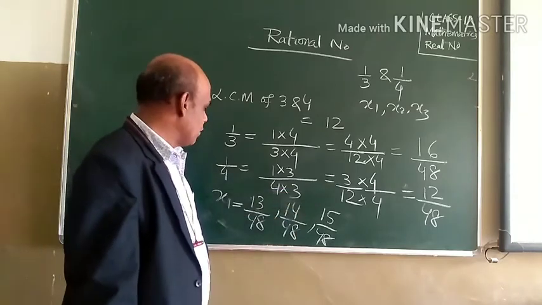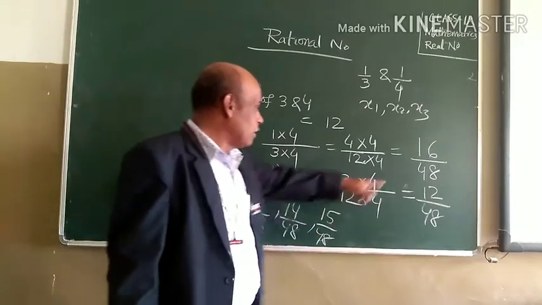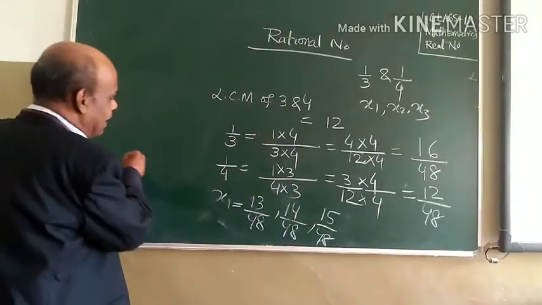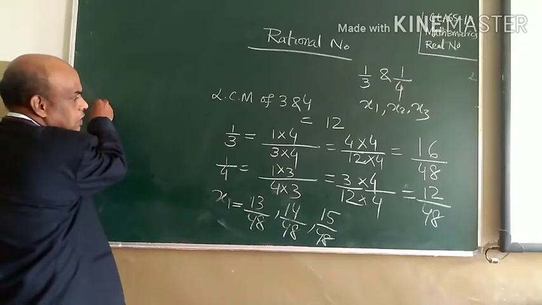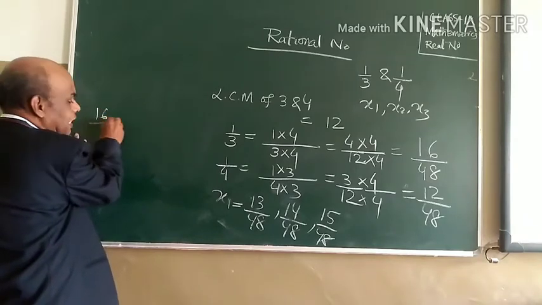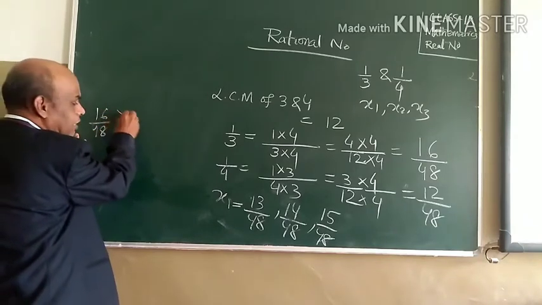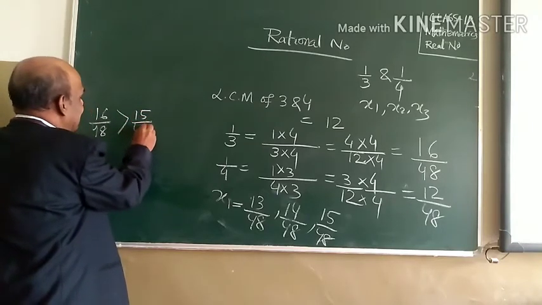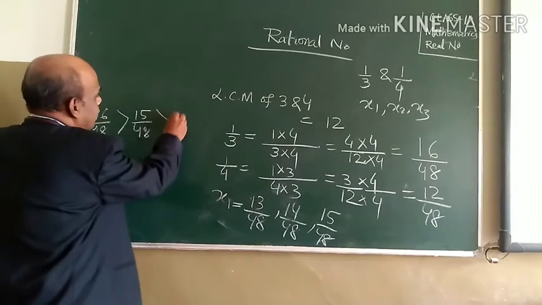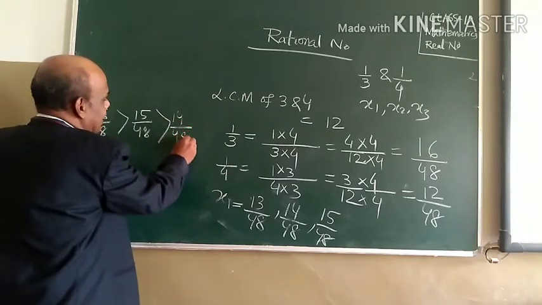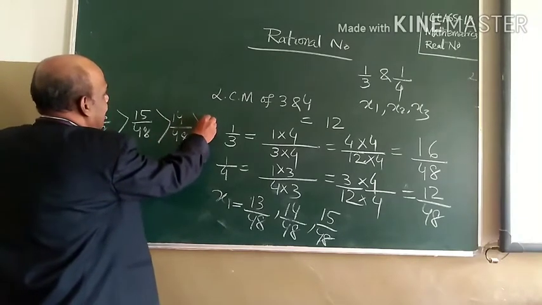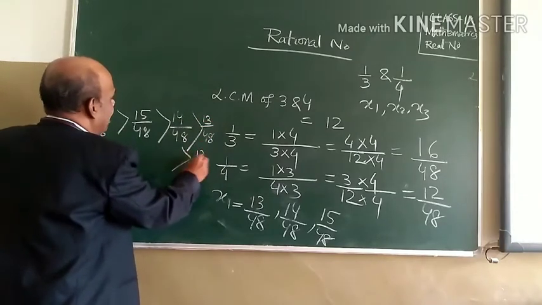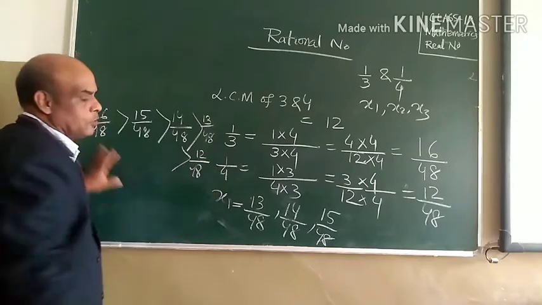It means denominators are 48, 48. So I will write ultimately 16 by 48 is greater than 15 by 48, greater than 14 by 48, greater than 13 by 48, and greater than 12 by 48.